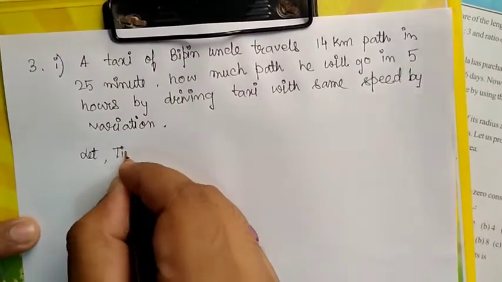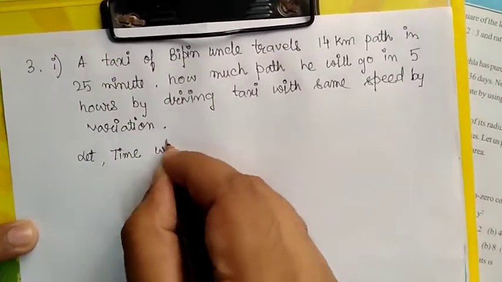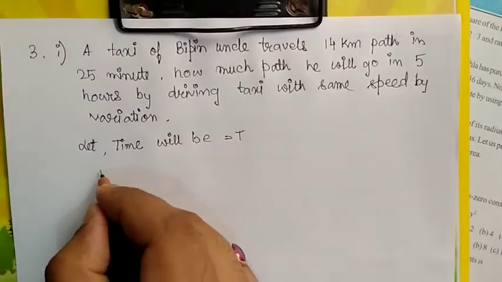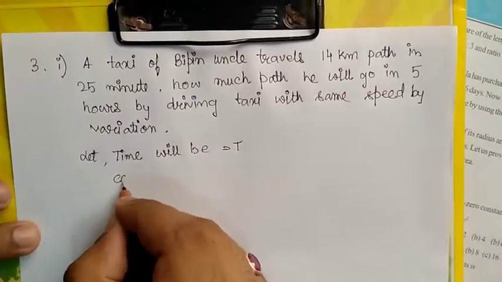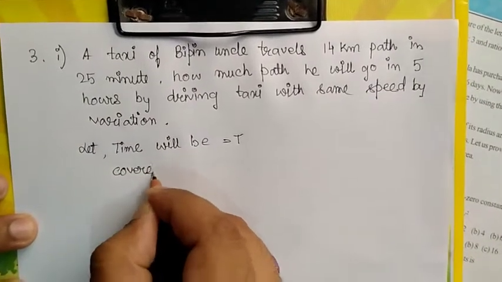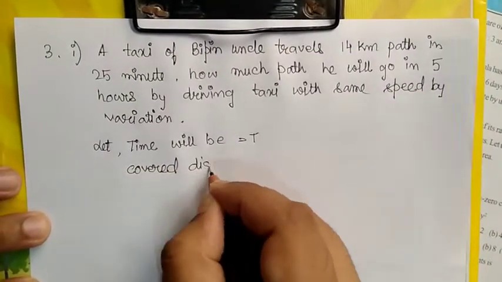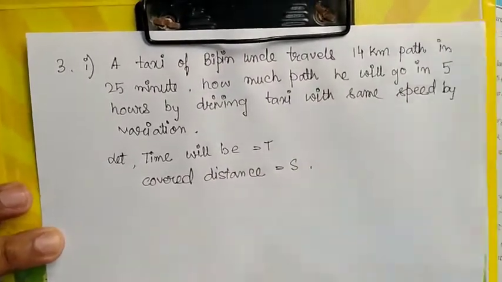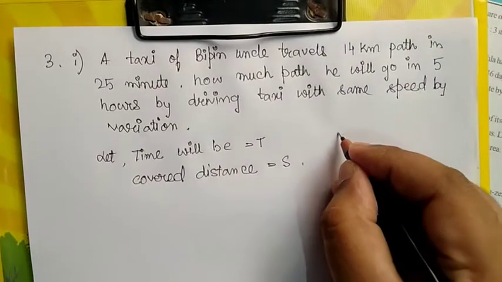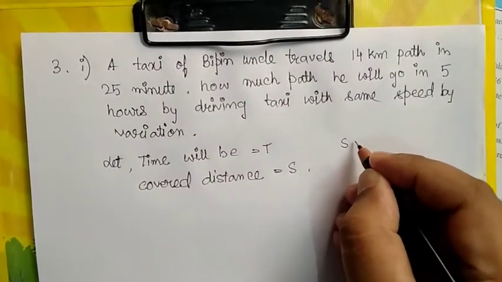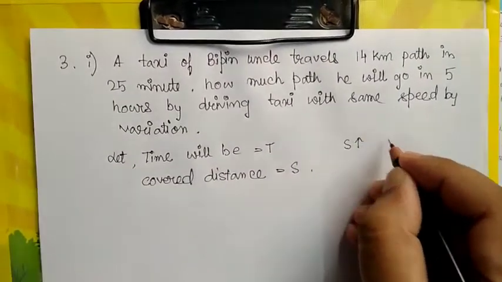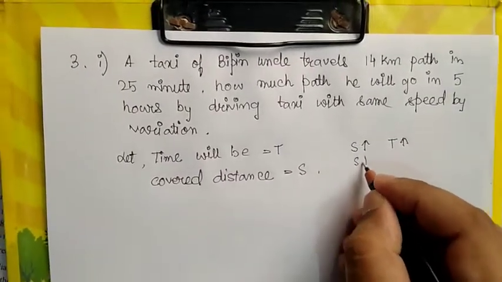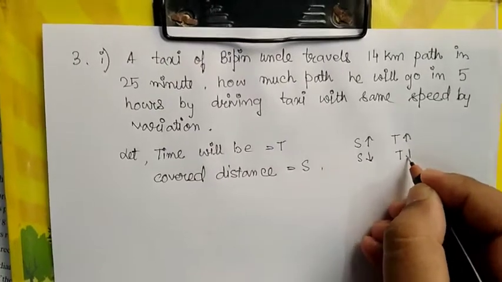Now first of all, let time be t and covered distance equal to s. Now if covered distance increases, therefore time also increases, and if distance decreases, time also decreases.